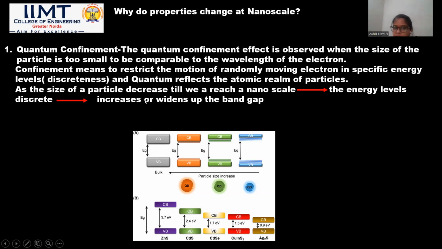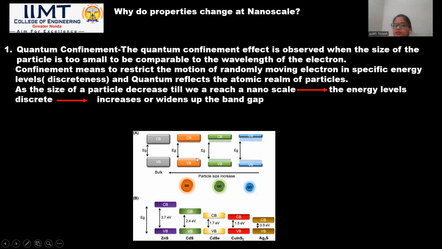Right? So as the size of the particle decreases, there is a discreteness in energy which is observed. So as you take the particle to nanoscale, the energy level becomes discrete, and that actually widens the band gap. You can see also in the figure that in the bulk material, I have a valence band and a conduction band. There is a band gap. I'm decreasing the size.